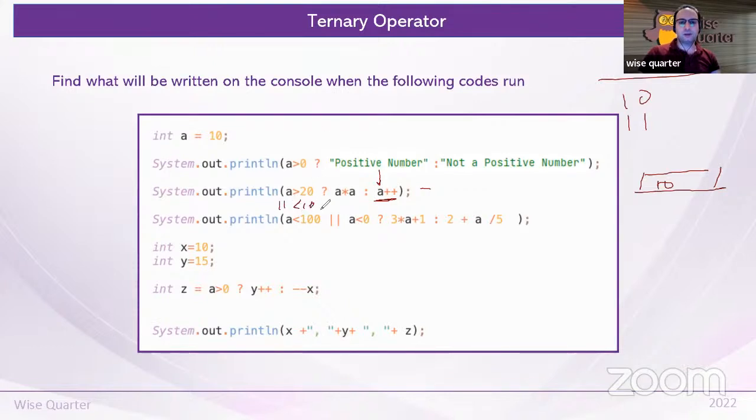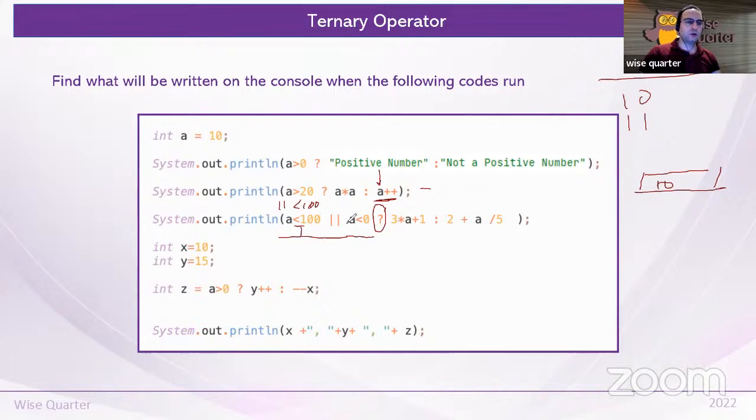It is still lower than 100. Oh, as you can see, the condition is here. Between two statements, we have the OR operator. As long as one of them is true, the result will be true, if you remember. This one is true. 11 is lower than 100.